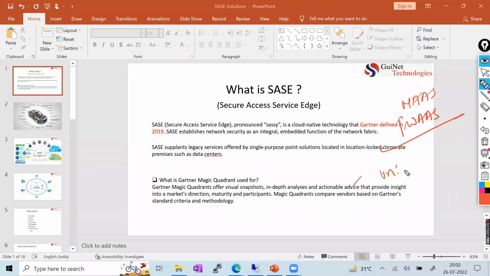So if we leverage the firewall solution in our network, that is firewall as a service, acting as software or maybe hardware, but interconnected with the network.